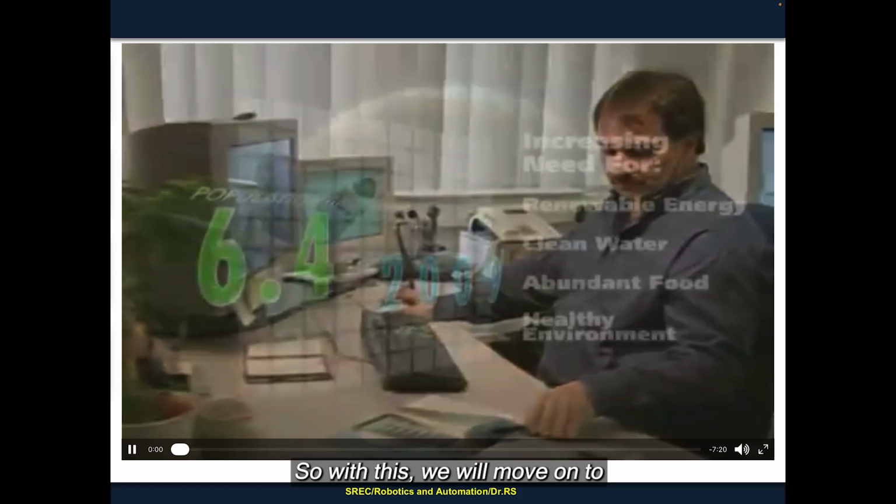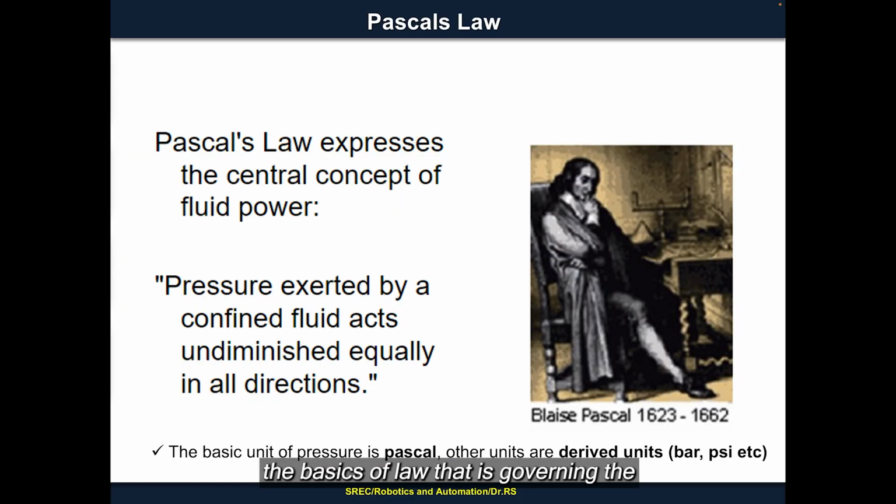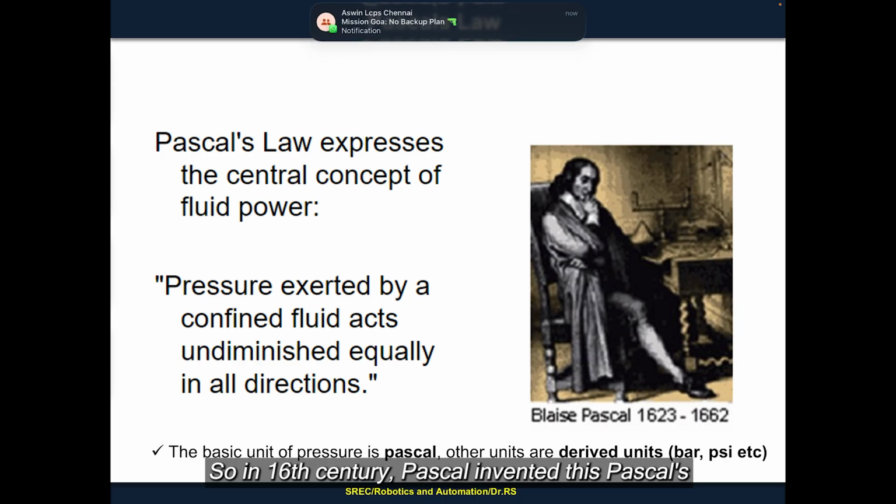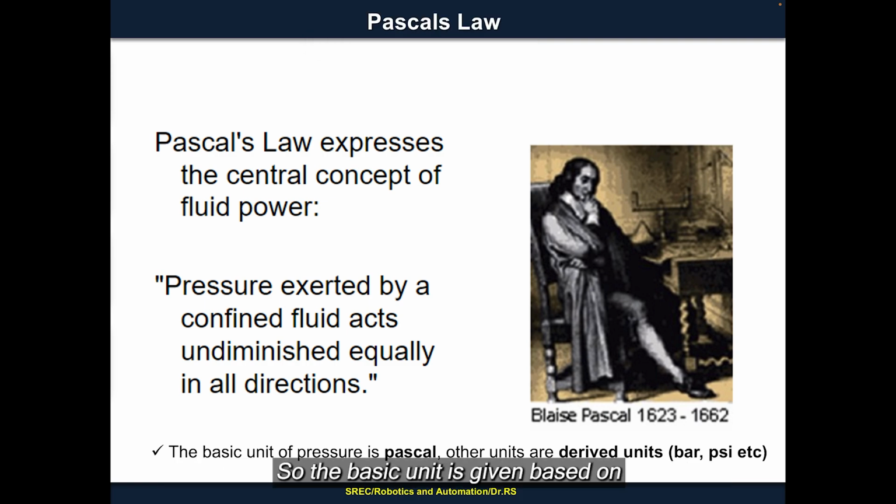So with this, we'll move on to the basic law that governs hydraulics and pneumatics, which is Pascal's law. In the 16th century, Pascal invented this law, which defines that pressure exerted by a confined fluid acts undiminished equally in all directions. The basic unit is given based on the invention by Blaise Pascal, which is the Pascal.